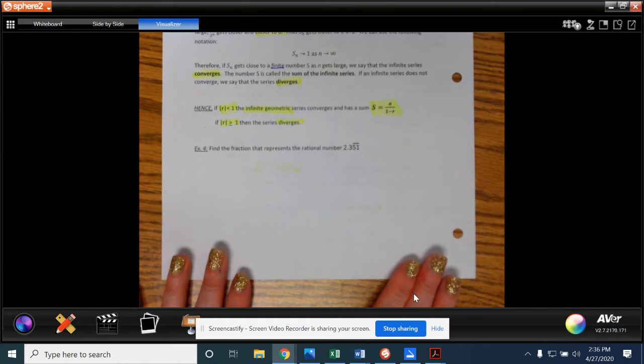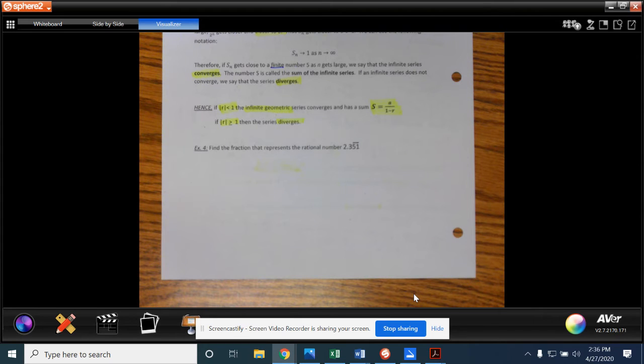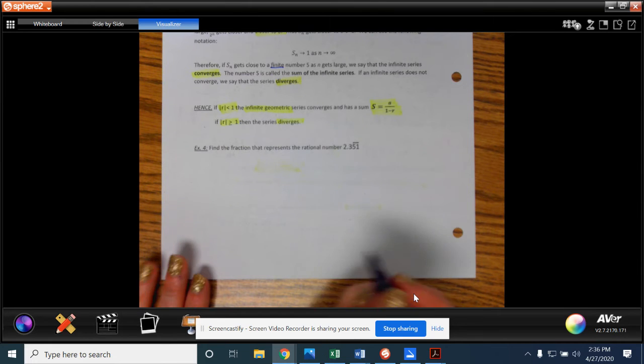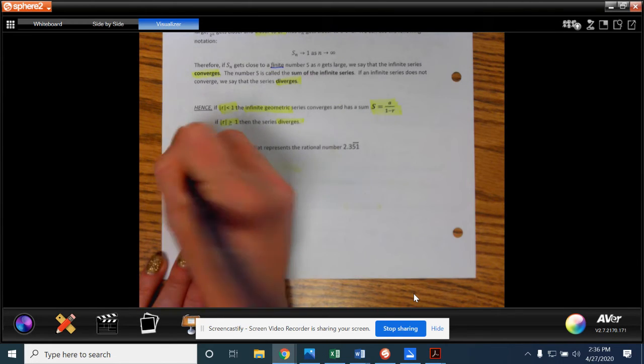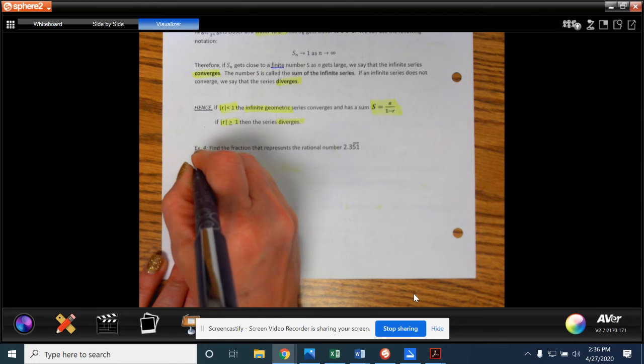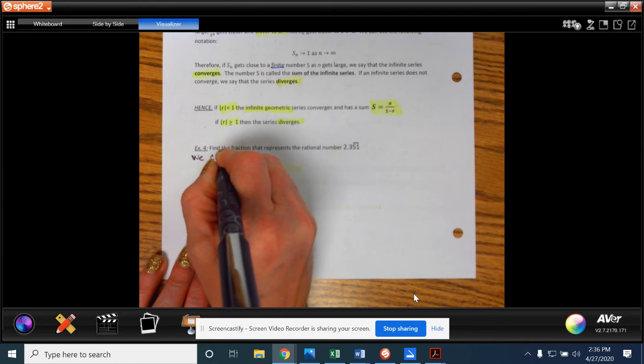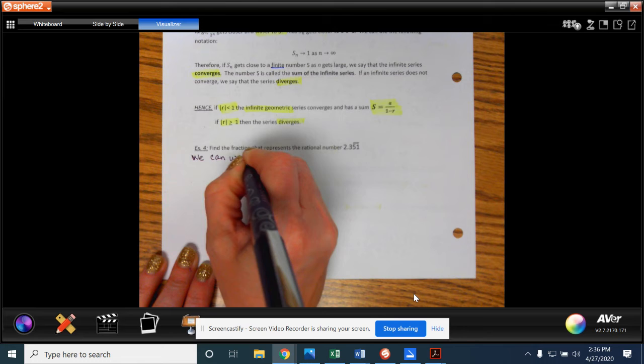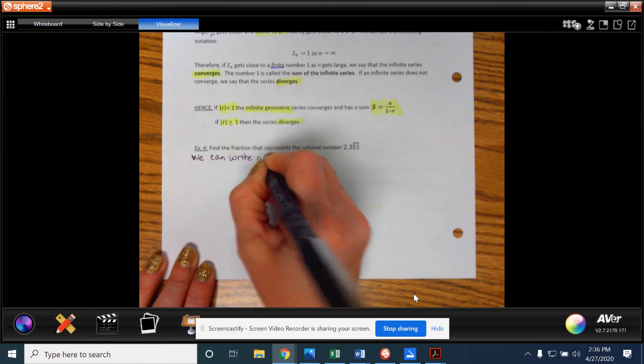So let's look. Find the fraction that represents the rational number of this item. Well, that seems arbitrary, but let's break it down. We can write it as a series.